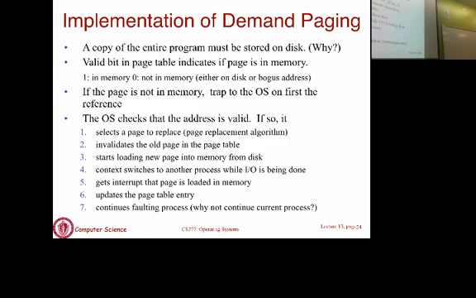Let me draw some pictures here. Let's call this process A. Let's say it has some pages, 4 pages. Here is the page table for the process. This is the valid bit.